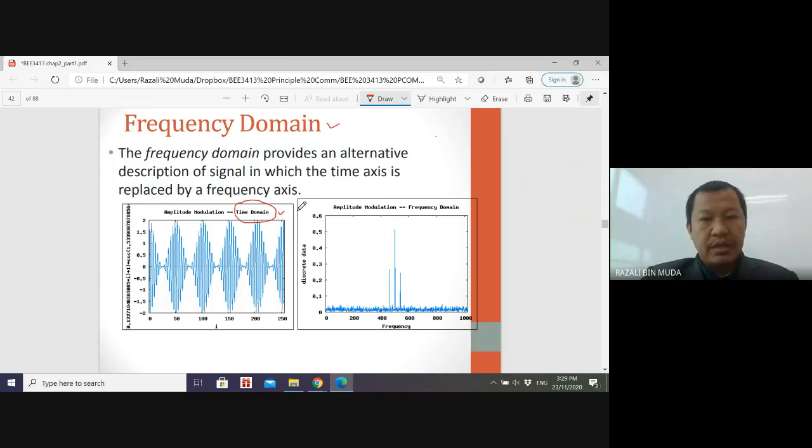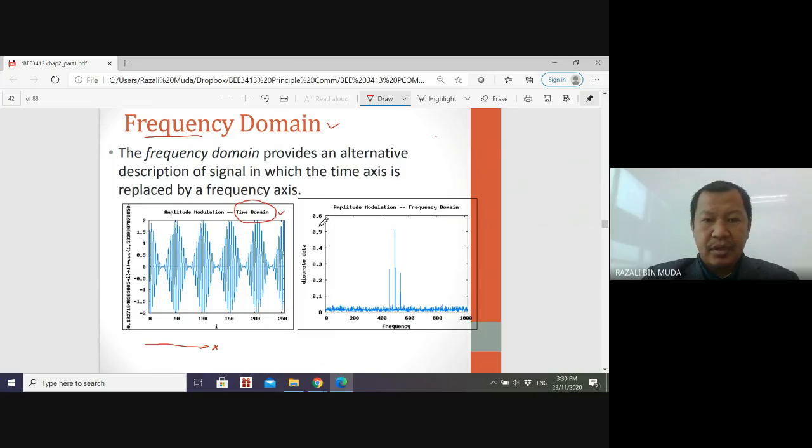So there is another way to represent the signal, which is in frequency domain. Frequency domain provides an alternative description of signal where the time axis is replaced by frequency axis. So the x-axis, the horizontal axis, is replaced, instead of time t, by f, frequency.